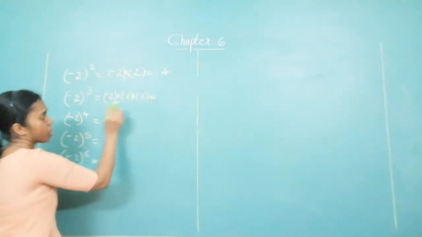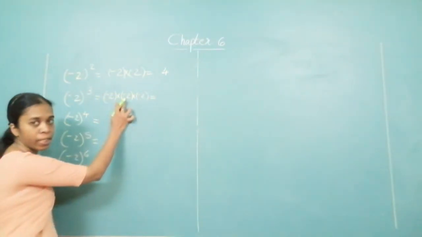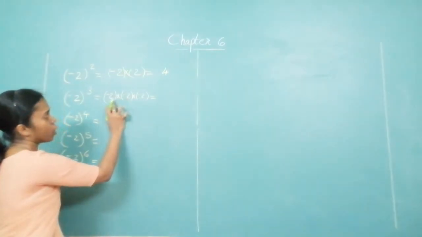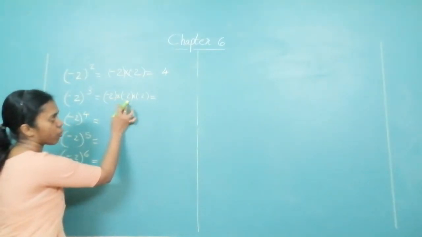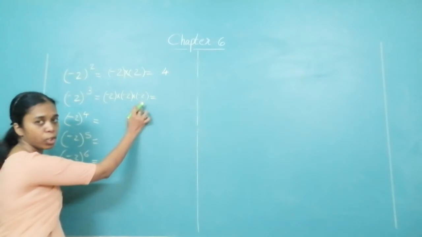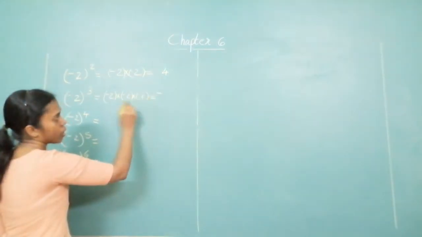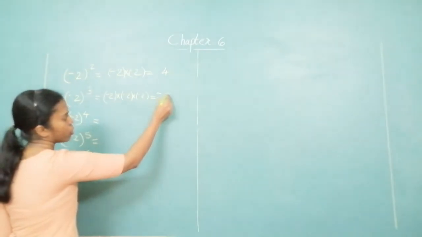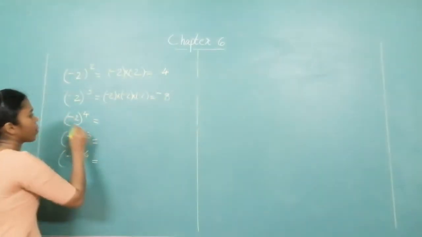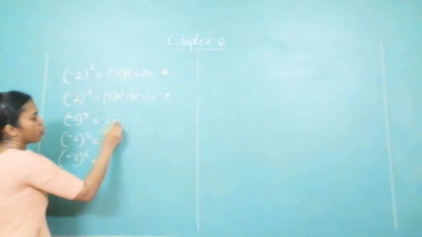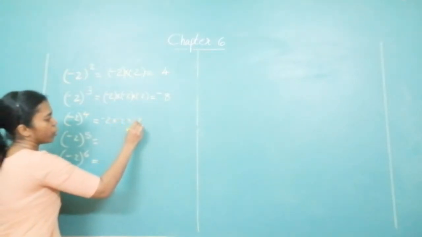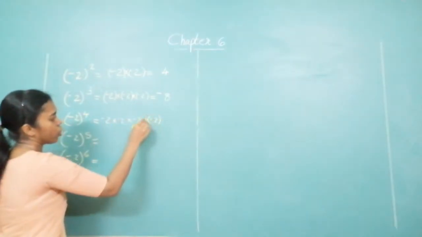So what is my answer? Minus into minus I get plus, 2 twos are 4, plus 4 multiplied by minus 2. Plus and minus again become minus, 2 fours are 8. Here what do I have? Minus 2 into minus 2 into minus 2 into minus 2.